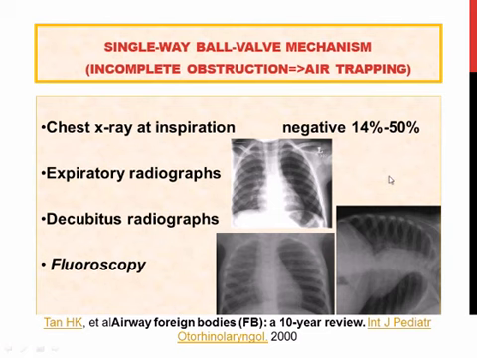So what you need to do is actively exclude air trapping on expiratory radiographs, and if you cannot have a reliably expiratory radiograph, you need to position your patient on the decubitus side, and you know that the side that is closer to the ground, with a horizontal beam and the child lying on one side, should be the expiratory side. And you should be familiar with fluoroscopy and how the hemidiaphragms move during expiration.